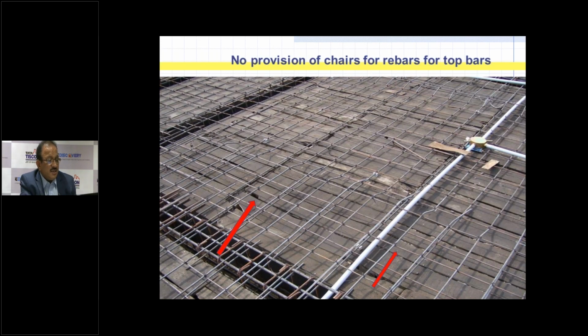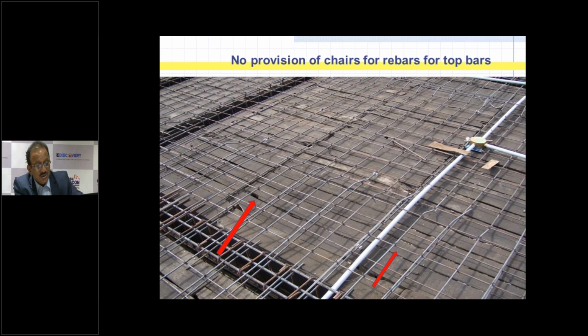Then you can see here there is a negative reinforcement provided on this beam portion, and there are no chairs provided. Where this red arrow is, there are no chairs provided, and this top reinforcement, which is supposed to be at top throughout the concreting process, how is it going to remain at top when there are no supporting chairs?